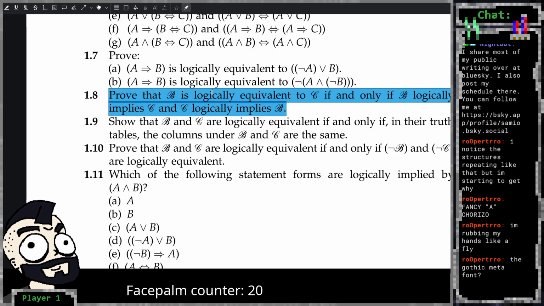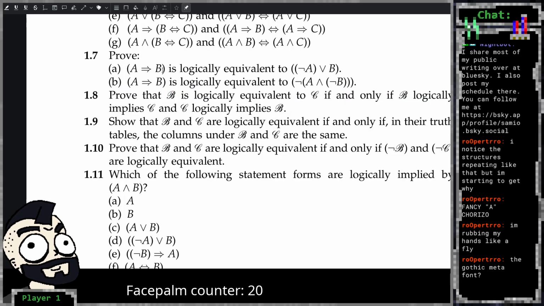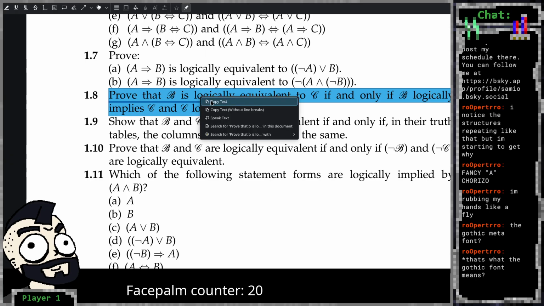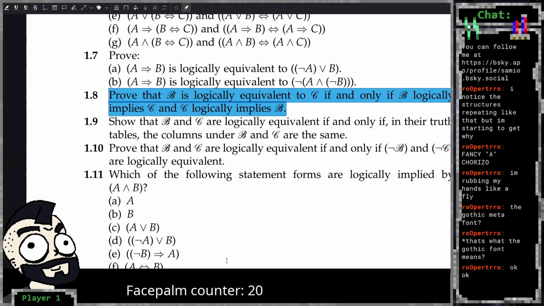Yes, the Gothic metafont. So I'm going to produce a text document. That's what the Gothic font means?